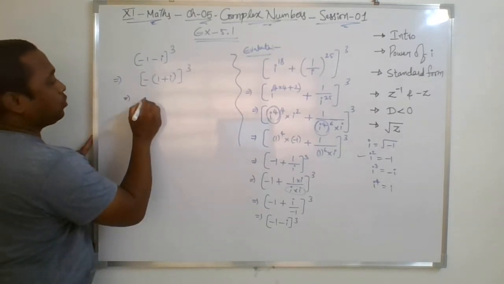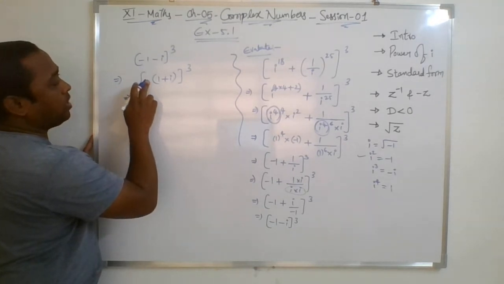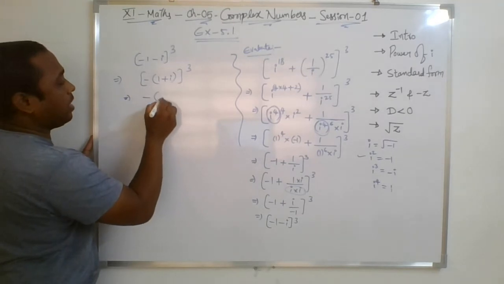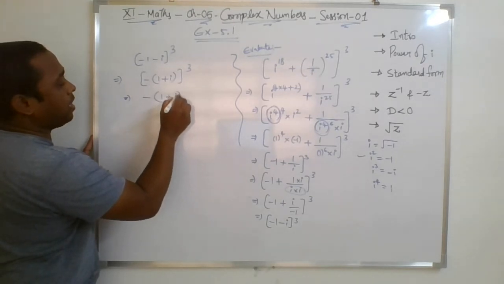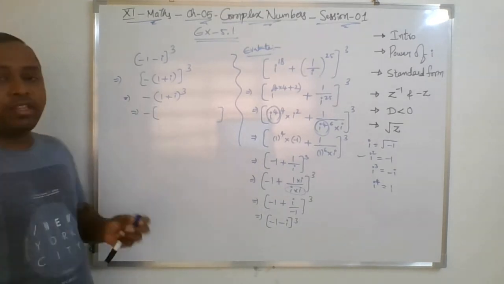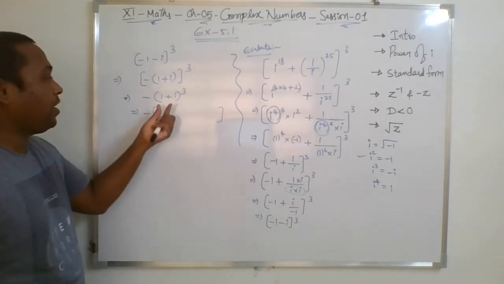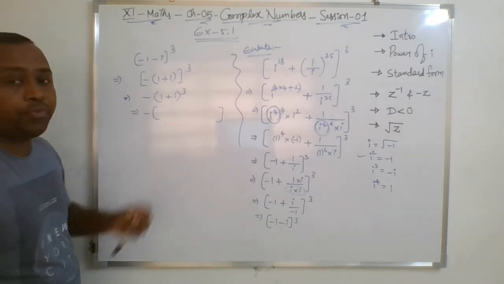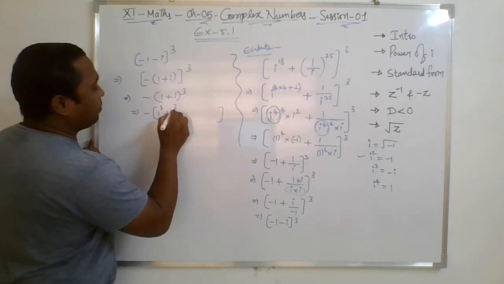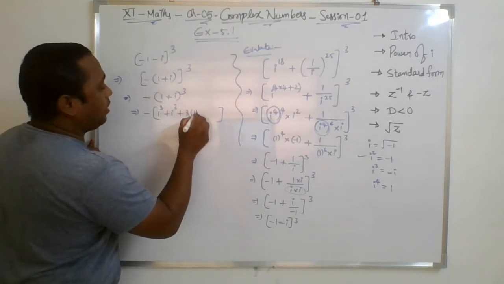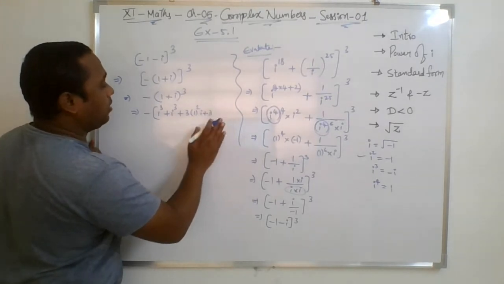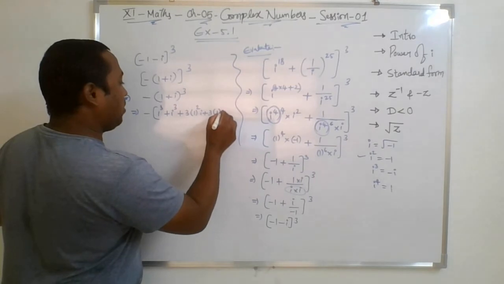Minus 1 whole cube is minus 1 only, so minus 1 into 1 plus i whole cube. Now just expand with the help of the identity of a plus b whole cube. So a plus b whole cube means a cube plus b cube plus 3a square b plus 3a b square.